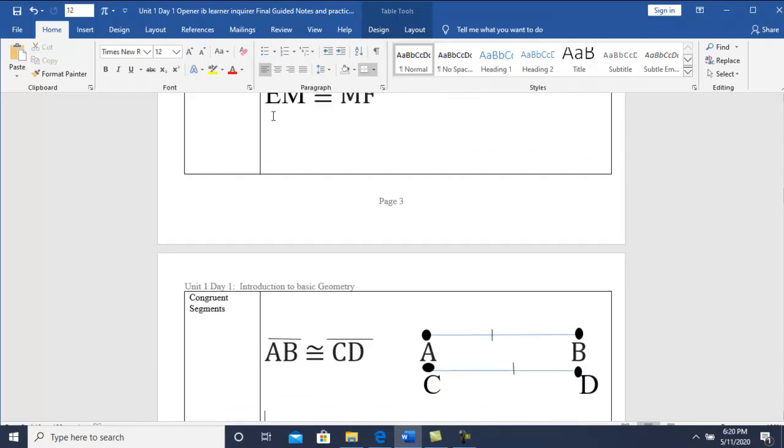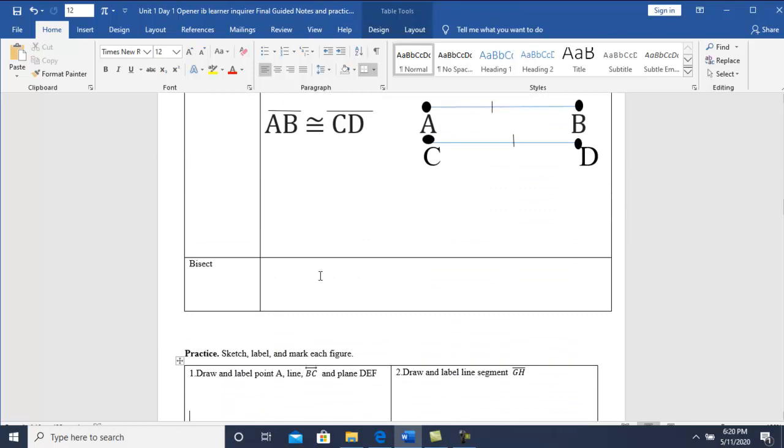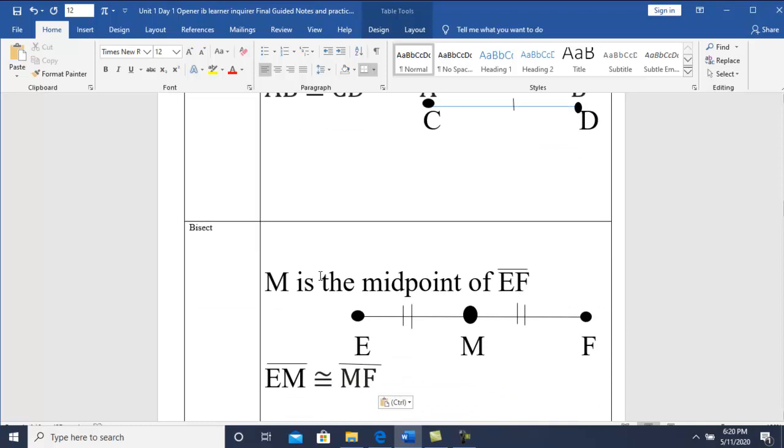If we're going to bisect something, that means we're cutting it in half. So in my example, we talked about the midpoint. You can have shapes, you can have things that can cut a segment in half.